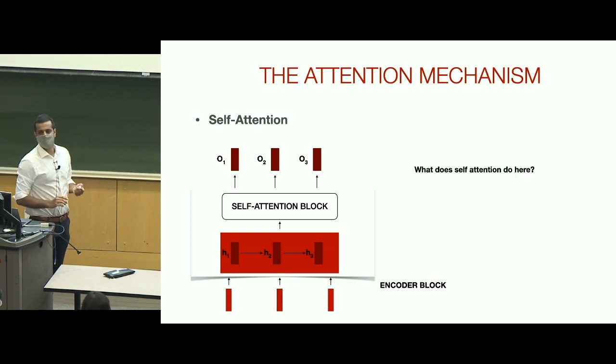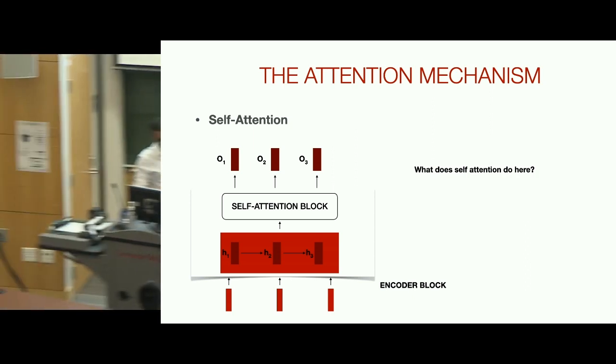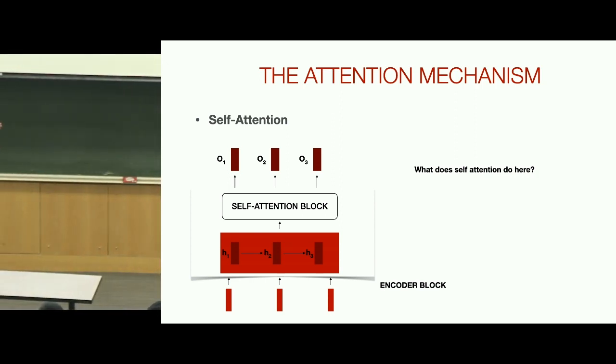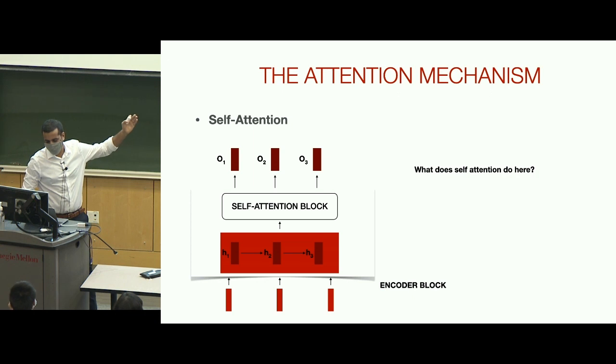But I was coming to your question: what does self-attention do here? Why do we need self-attention? Let's go through what's happening in this simple architecture and try to answer that question.